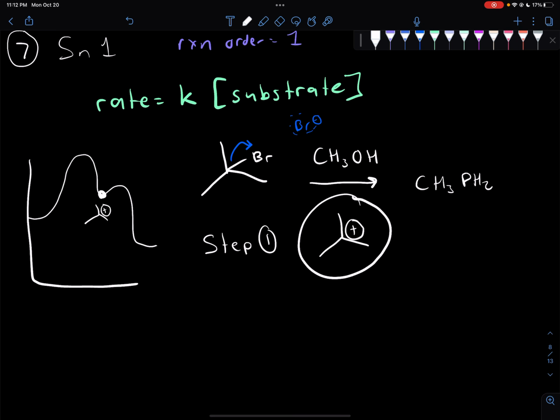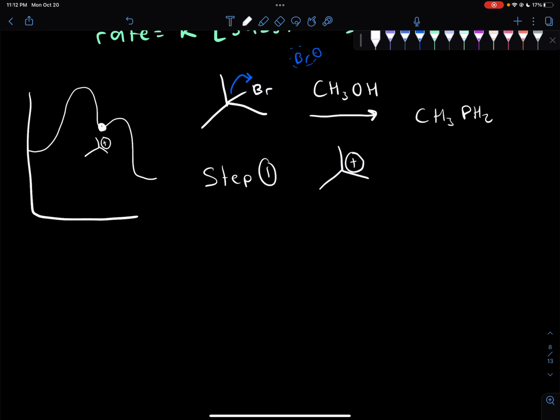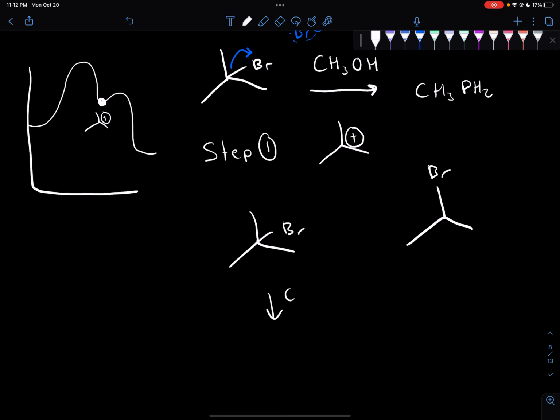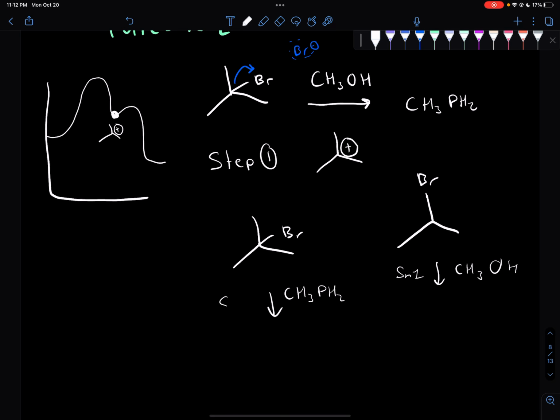So if you're talking about ranking which one reacts faster, I'm going to react the first one with CH3PH2, the second one with CH3O minus. Sorry, let's do OH. And let's say these are both SN1 reactions. I don't care about the nucleophile. Forget that. That is not going to make a difference.